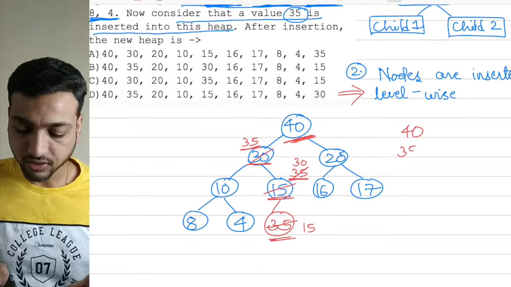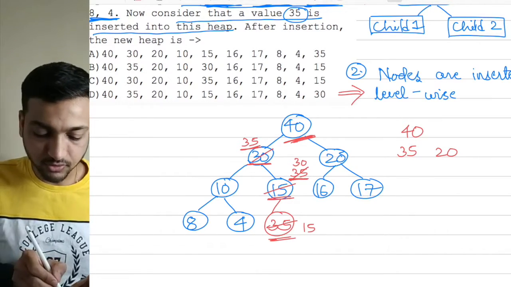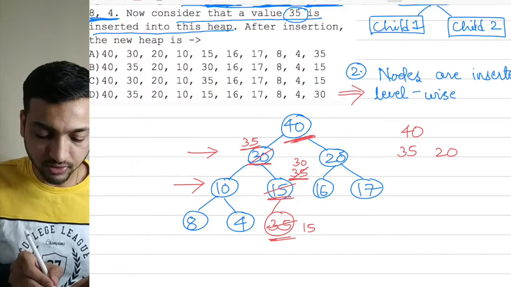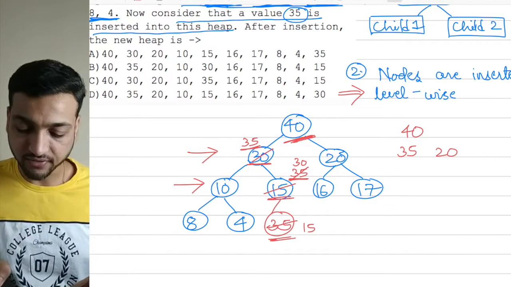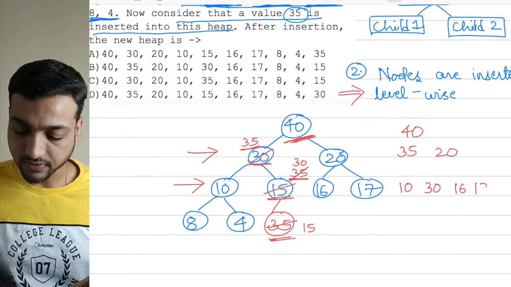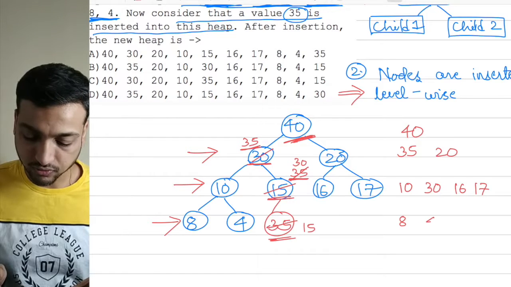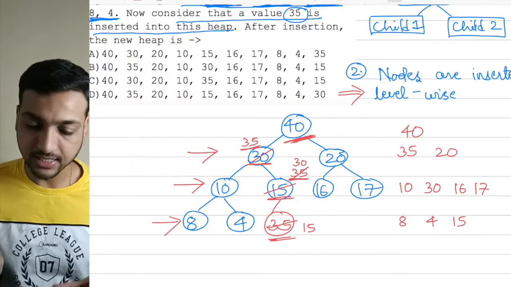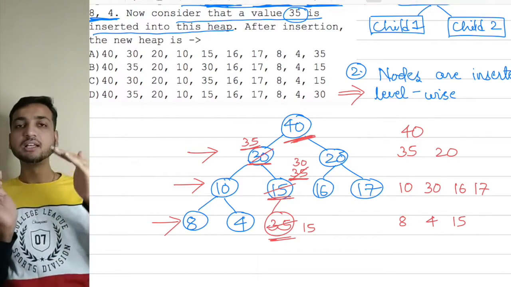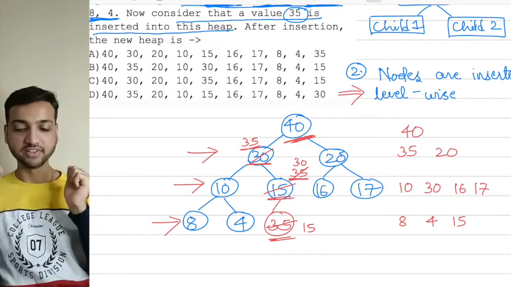Then we have 35 and 20 at level 2. Here at level 3 we have 10, 30, 16 and 17. And finally at level 4 we have 8, 4 and 15.